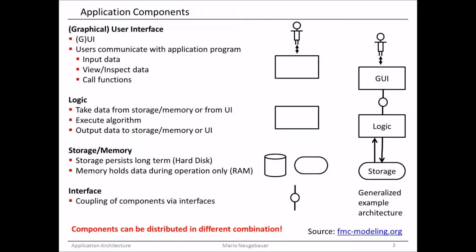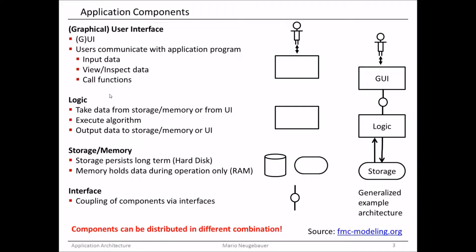The second part is the logic. The user usually doesn't see the logic of the program, but the logic is essential for a computer program because the logic, so to say, controls the inner working of the computer program.